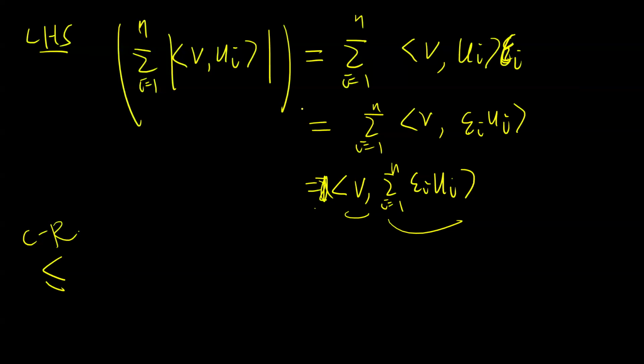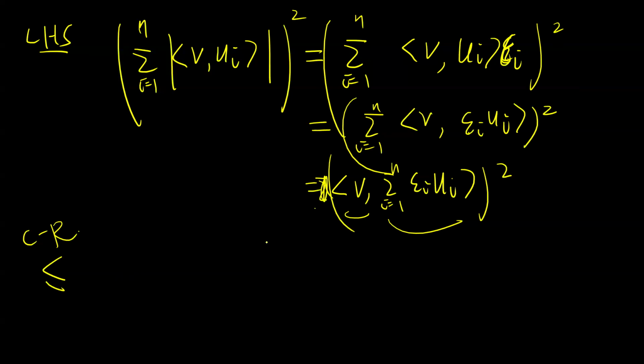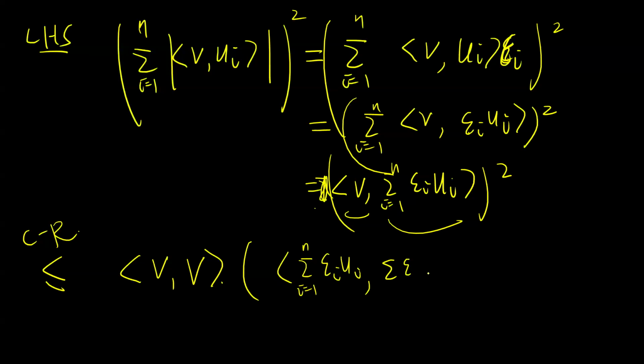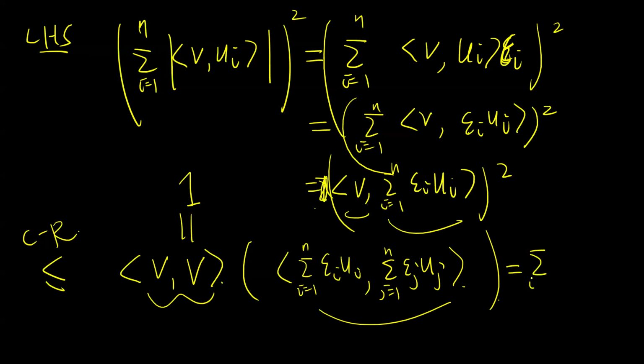Cauchy-Schwarz tells me that if I square it, it is bounded by the inner product of V with itself, times the inner product of this sum with itself. Now V has norm 1, and the other factor I can write as the sum over i, j of epsilon i star epsilon j times the inner product of Ui and Uj.